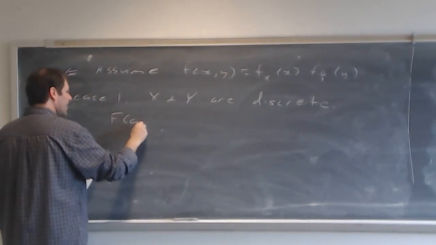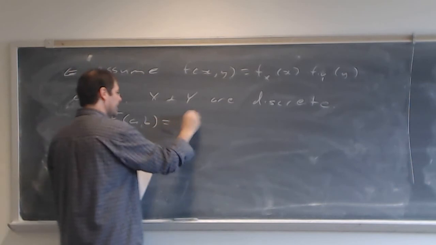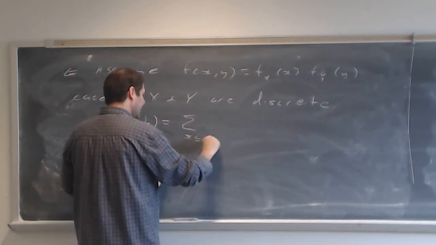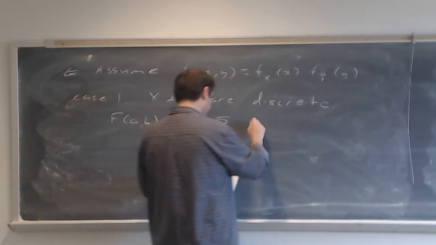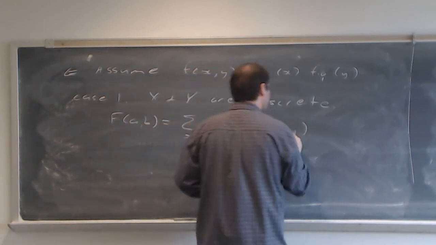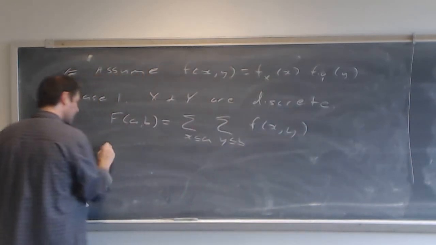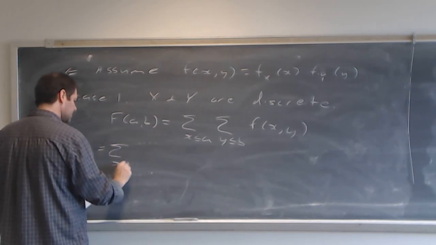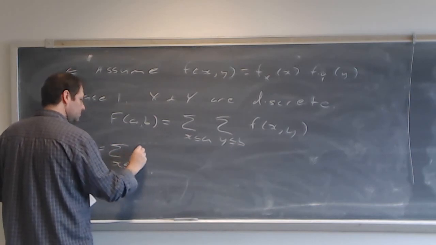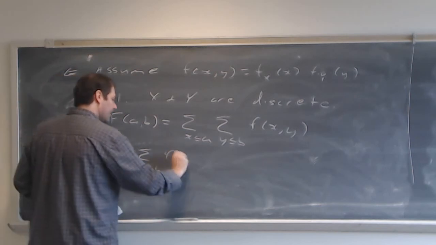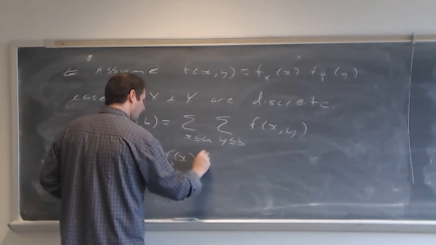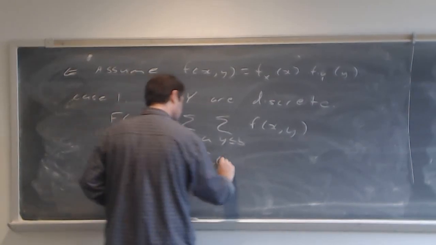So you look at F(a, b). In the discrete case, we have the sum over all x values less than or equal to a, sum over all y values less than or equal to b, of f(x, y). But because of our assumption, we can rewrite this as the sum over all x less than or equal to a, sum over all y less than or equal to b, of f sub X of x times f sub Y of y.